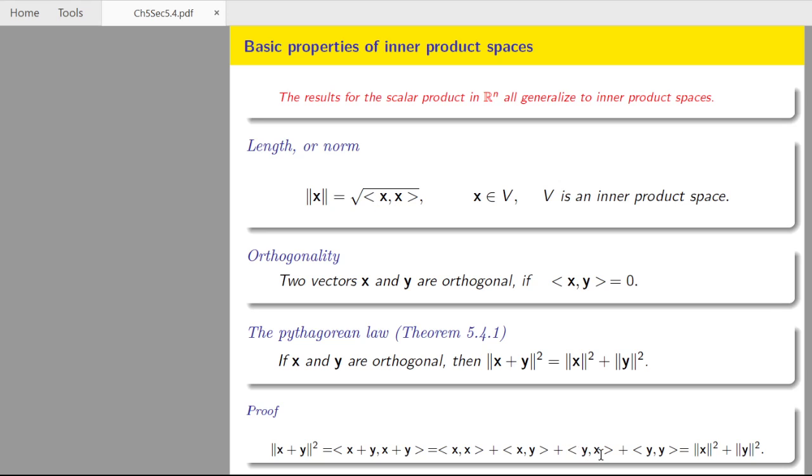The third term is also 0 because for y and x we can switch the order. So the second and third terms both equal 0, and the inner product between x and x equals the square of the length of x, and the same for the last term. In this way, we proved this law.